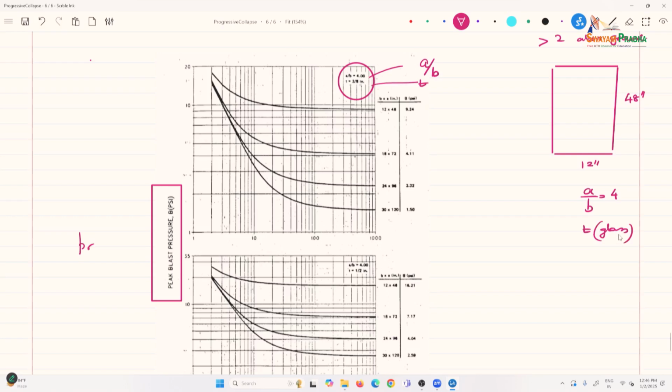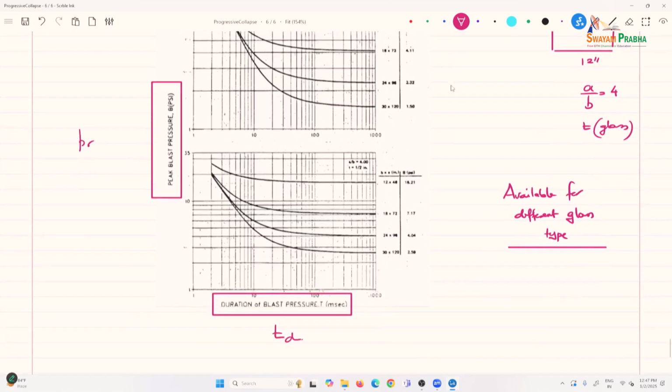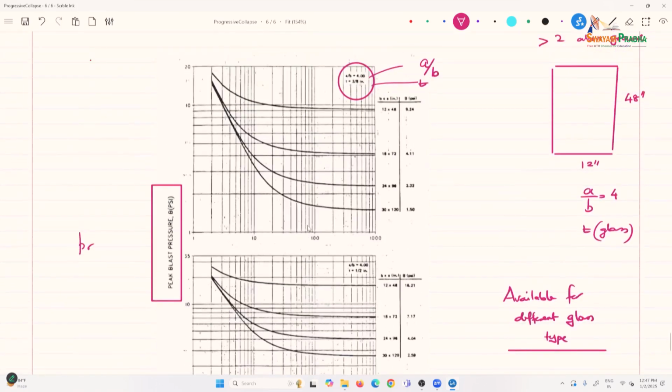So these designs are available for different types of glasses. When you look for manufacturers, you should look for data that gives pressure versus time. This is time in milliseconds, and these are curves that tell you how much it can withstand.